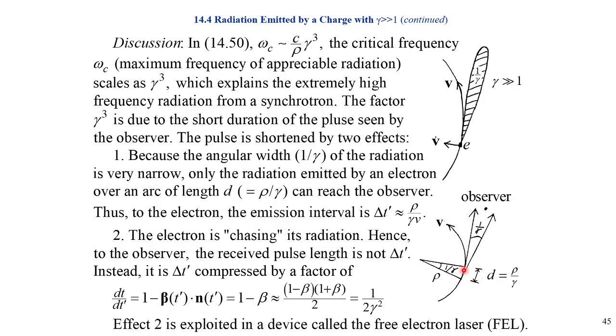Therefore, let's compress the pulse: delta t prime is compressed by a factor of 1 minus beta dot n, which equals 1 over 2 gamma squared.